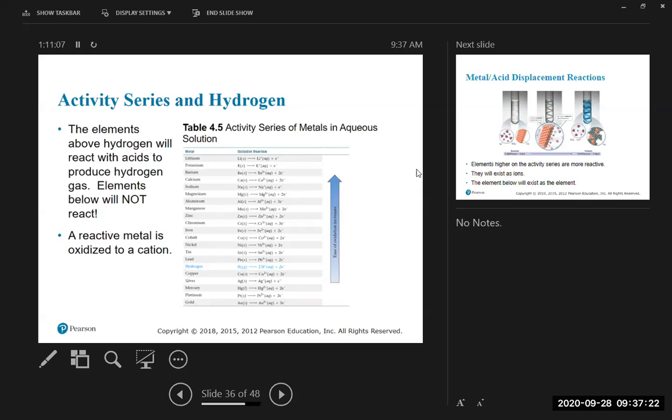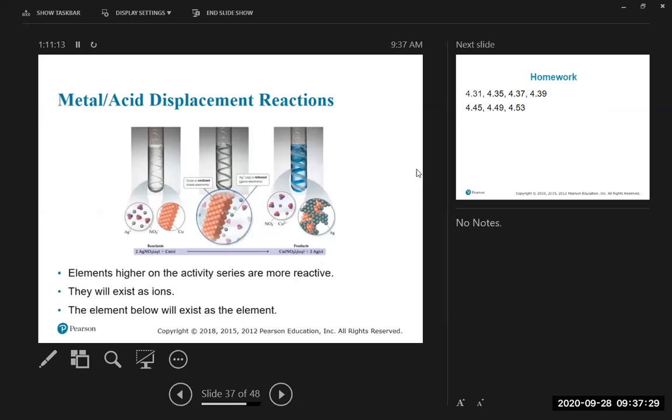Things that are above it react, things that are below don't react. This is what we just talked about with these metal acid displacement reactions. The higher they are in that series, the more reactive they are.